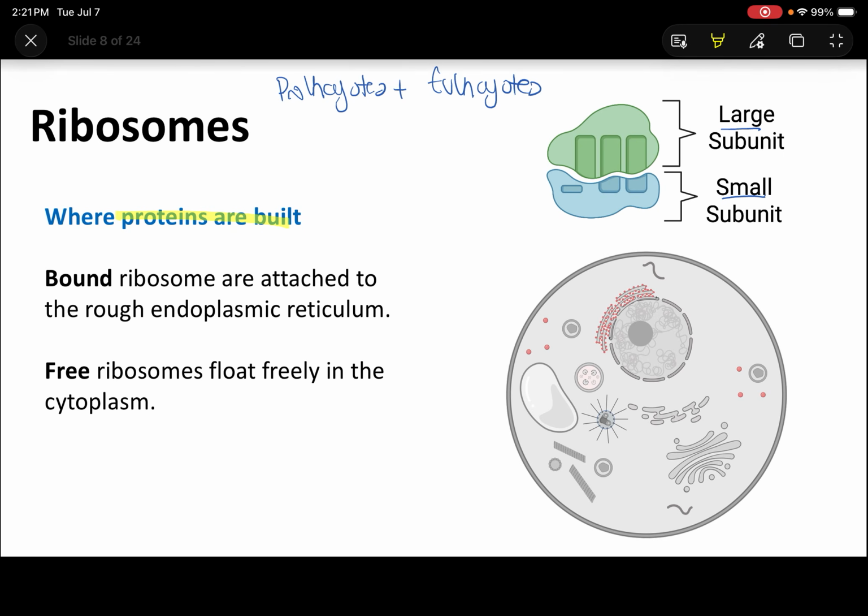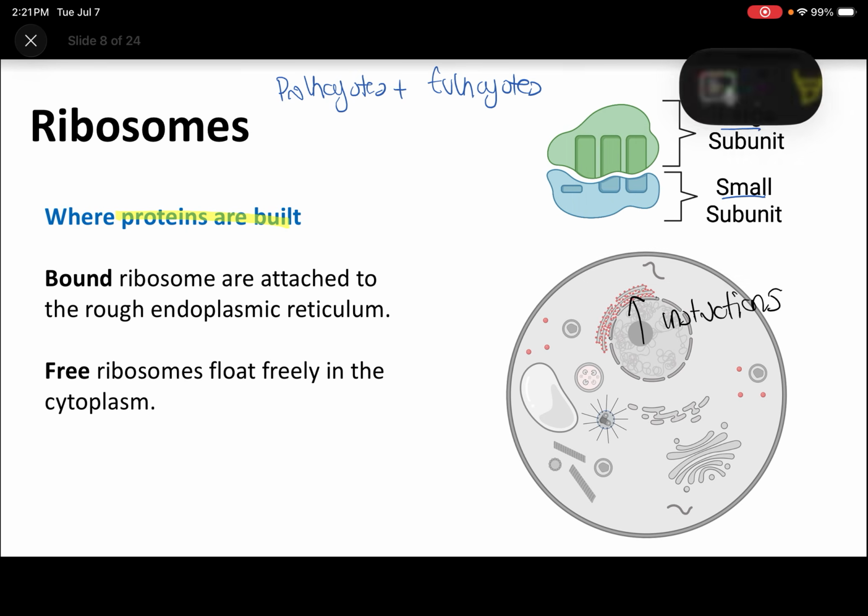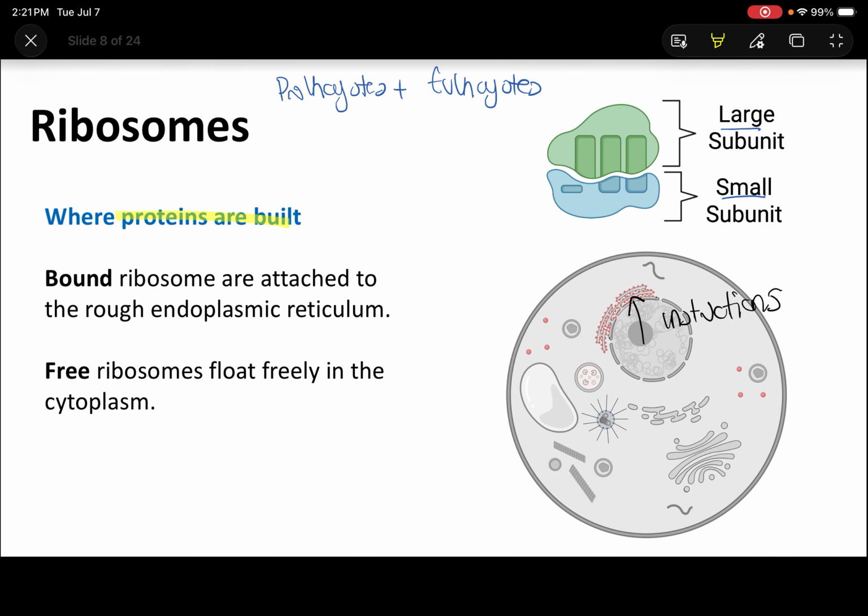You've learned so far that proteins are made up of amino acids, and ribosomes read and get instructions from the nucleus. Genetic instructions come out of the nucleus and tell the ribosome how to build proteins, and when the ribosome is bound to these instructions, it will build a protein.